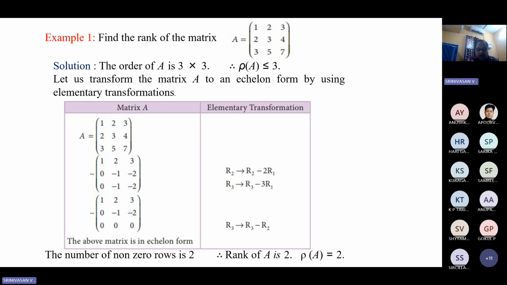So, R2 is R2. Look at 1, 2, 3. You have to take the latest one. Forget about the given initial one. 1, 2, 3, 0, 1, minus 1, minus 2. Keep it. So R1 is fixed. R2 is fixed. R1 is already there.